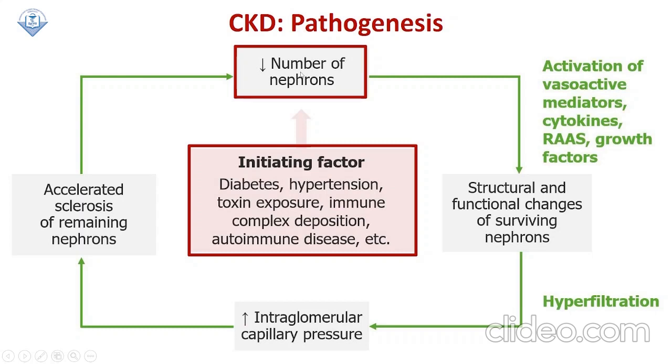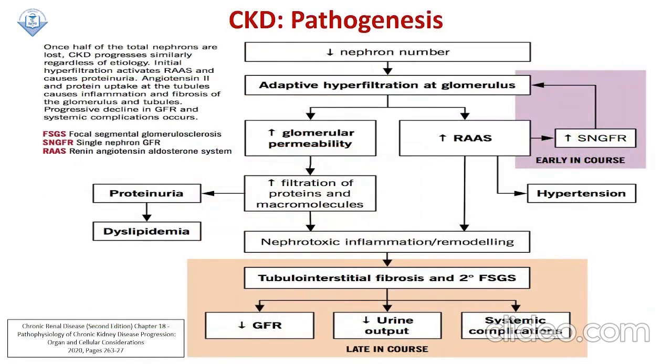And we have a vicious circle when the number of nephrons is decreased, decreased, and decreased. And at some step, the process of compensation shifts to decompensation. And after that, glomerular filtration will be decreased, and the process is irreversible and unstoppable.